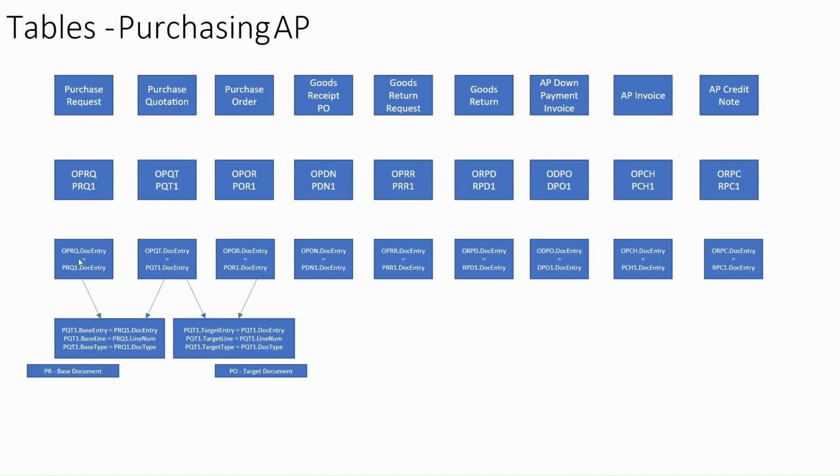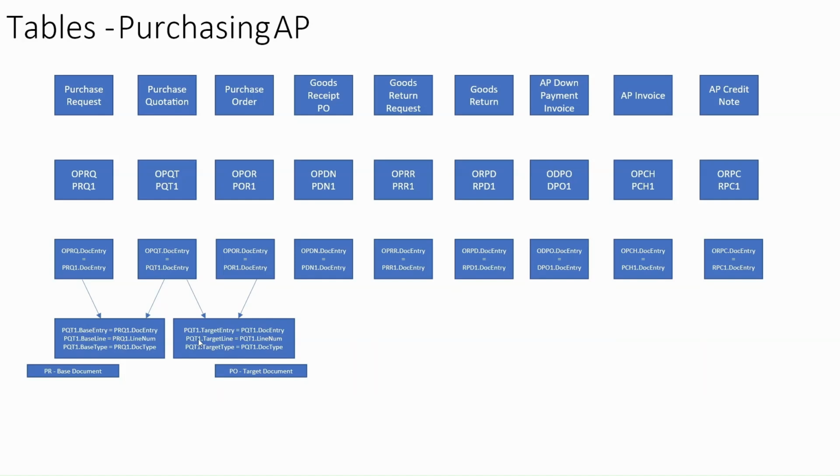The purchase request is a base document and purchase order will be a target document. The purchase request can be linked to a purchase order by the target entry field. The target entry, target line, target type will be equal to the purchase order doc entry, line num and doc type.